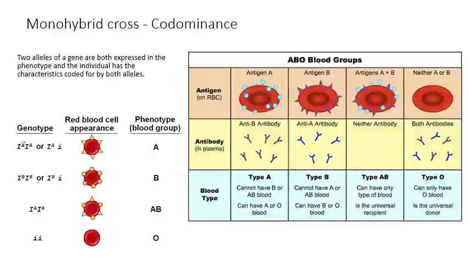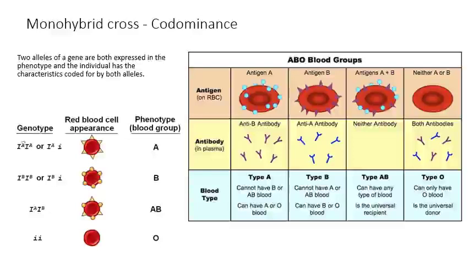It's going to coagulate and form clumps, and I can actually die from getting the wrong blood type. So I need to get blood from somebody that doesn't have any antigen B on it.